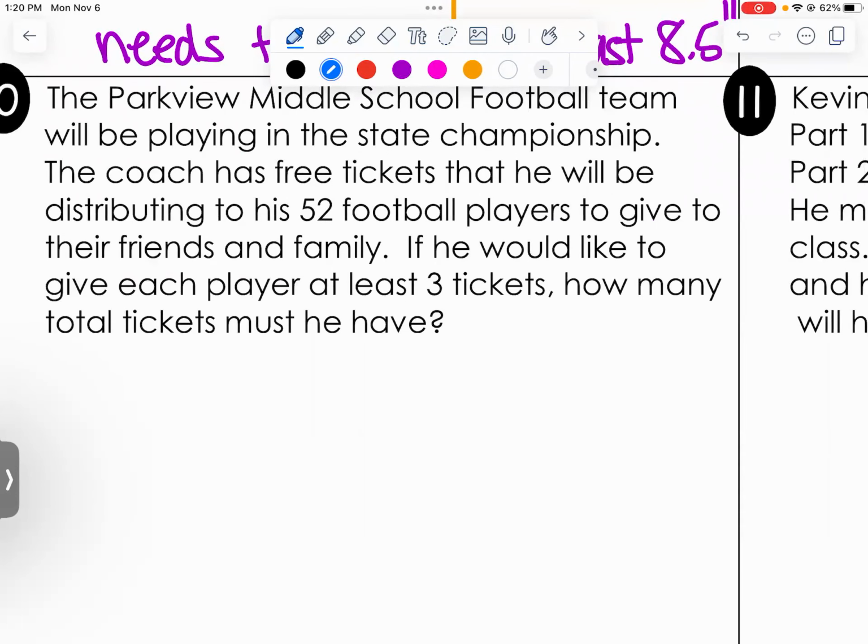All right, let's go ahead and talk about this. Okay, first of all, what are we looking for? We're looking for the total of tickets. Okay, so the total number of tickets.